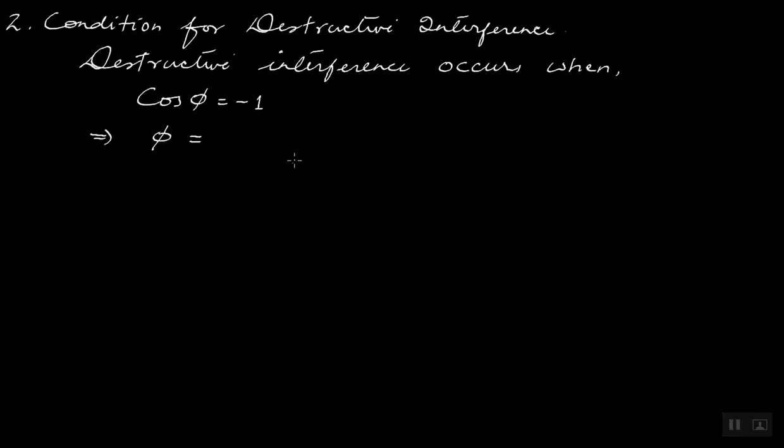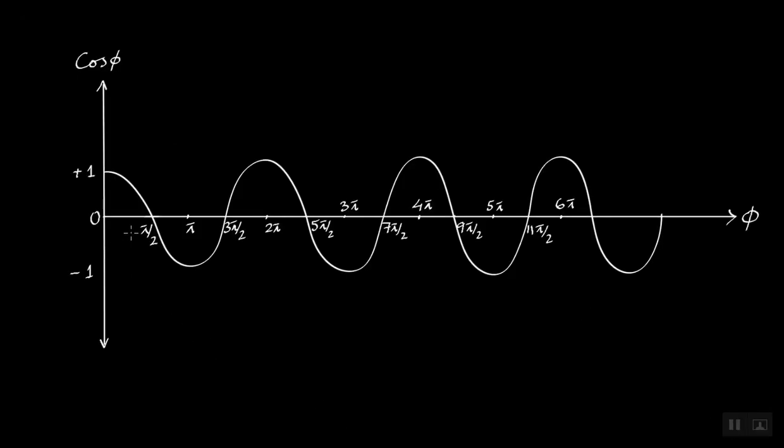Let us look at the graph of the cos function once again. Here, so where is it -1? -1 are these points. This point, this point, this point, this point are all equal to -1. So it occurs at pi, 3 pi, 5 pi, next will be 7 pi, so on and so forth.